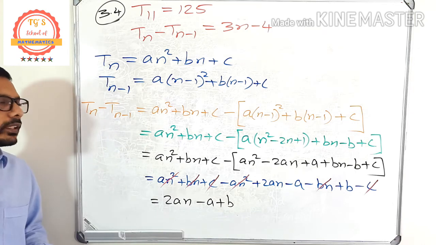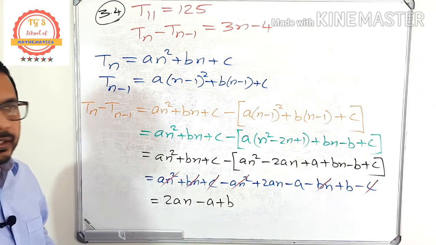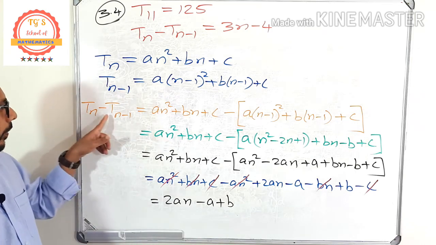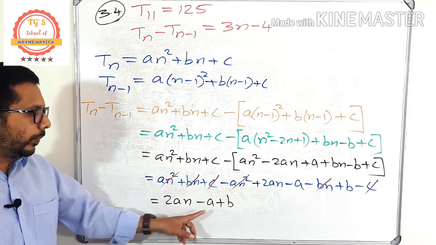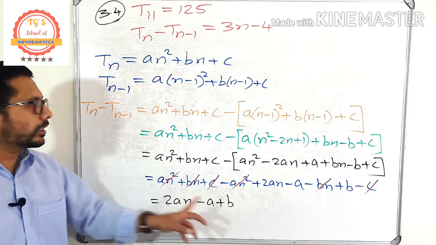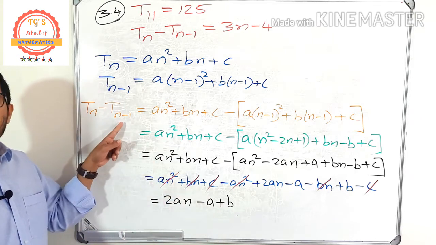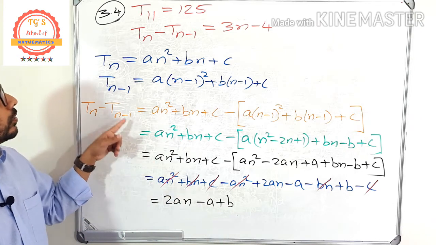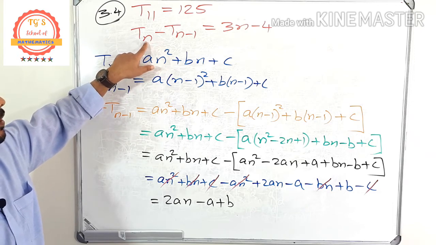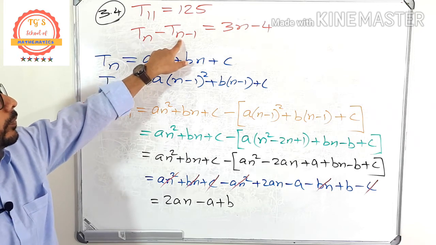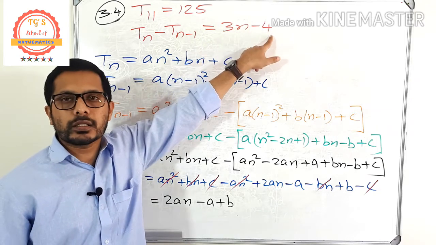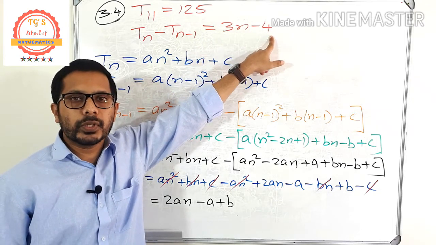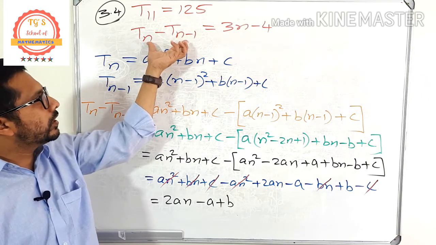So actually what are we trying to find? We are trying to find Tn minus Tn minus 1. What is the expression we got? 2an minus a plus b, that is the answer for Tn minus Tn minus 1. So here look at the question, what is given? Tn minus Tn minus 1 is given in the question as 3n minus 4. So what is the meaning of that?